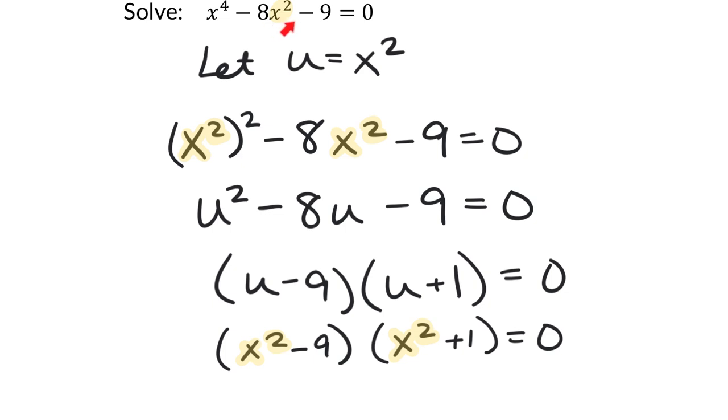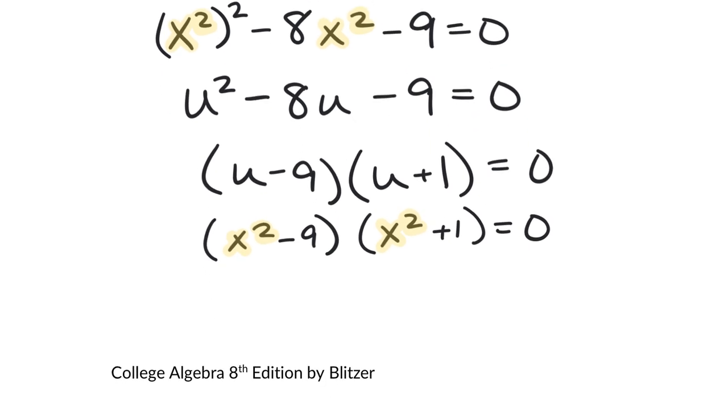Whatever's there, u times u would be u squared. That's where the squared comes from, and then the plus u and the minus u is just factoring it back down, like x squared minus 9 went down to x plus 3 and x minus 3.